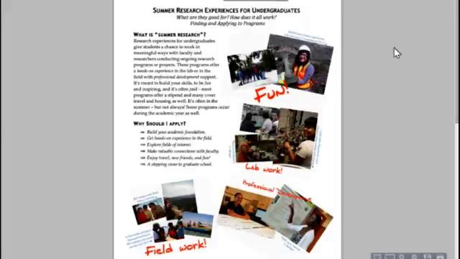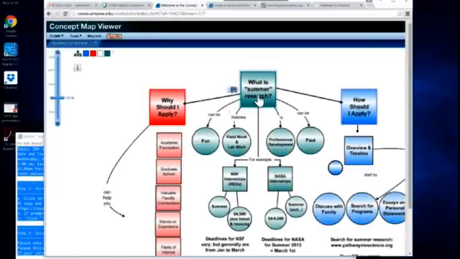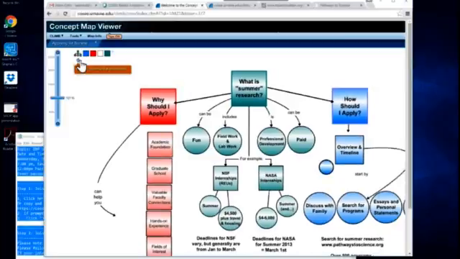So as you go through a concept map, that's something to explore, all the attached resources. For example, there are three handouts attached to this concept. This is a good resource to have in general as you're exploring summer research programs.